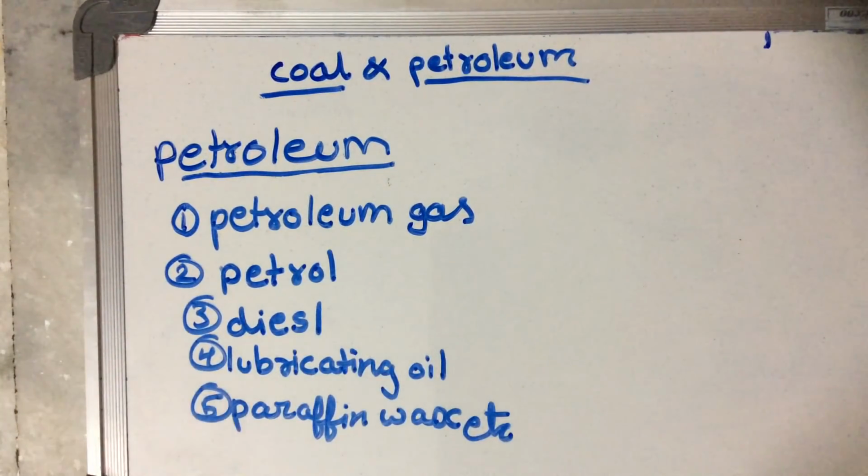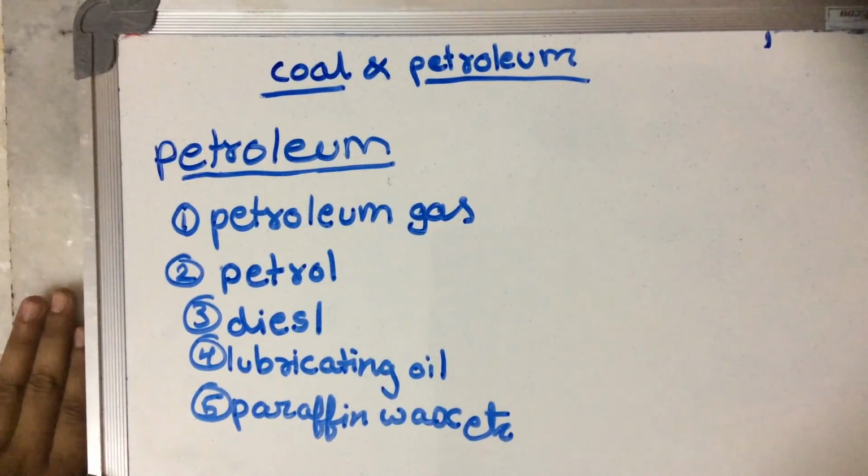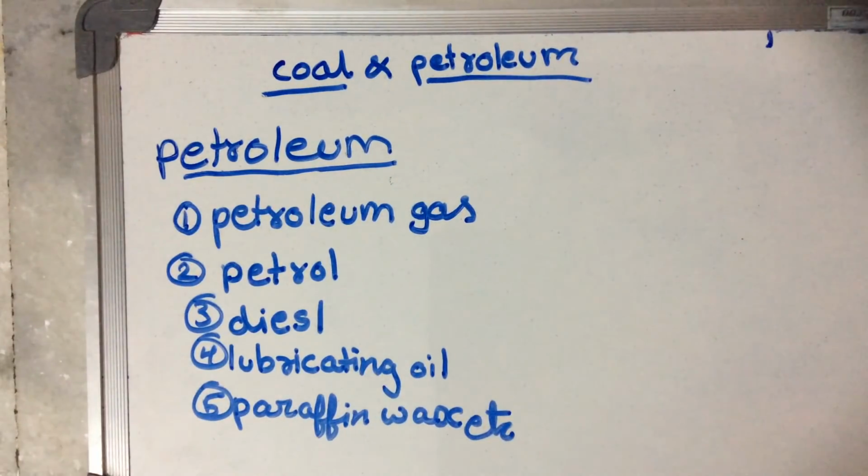The method of refining petroleum is called fractional distillation of petroleum. Fractional distillation is a method of separating a mixture of substances with different boiling points to obtain a number of components with similar boiling points.